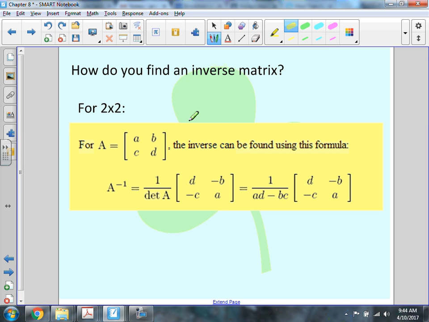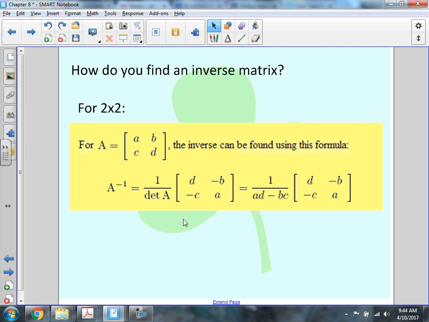So the way you find an inverse is the following. If you have matrix A, which is given by the elements A, B, C, D, listed left to right, up to down, the inverse is defined as 1 over the determinant.